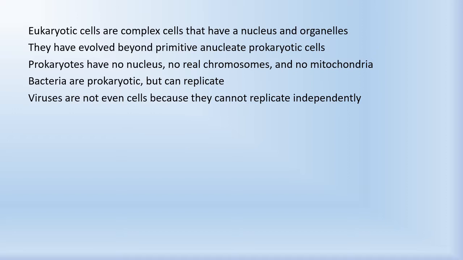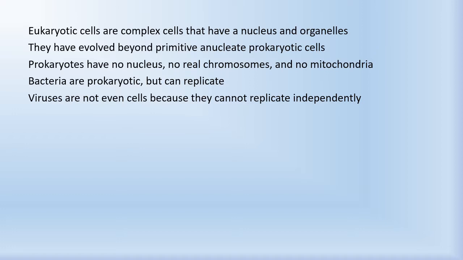Viruses are not even cells because they cannot replicate independently. They have very simple structures with either RNA or DNA, but they lack the ribosomes. Remember ribosomal RNA and the ribosomes? They lack these, so they cannot use their nucleic acids, either RNA or DNA, to replicate.